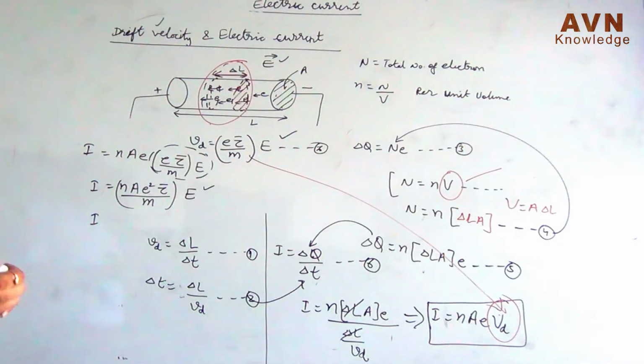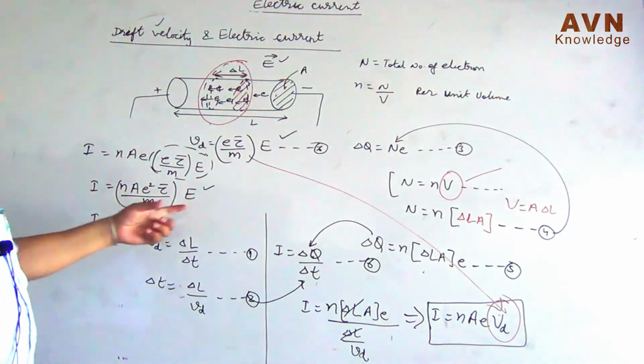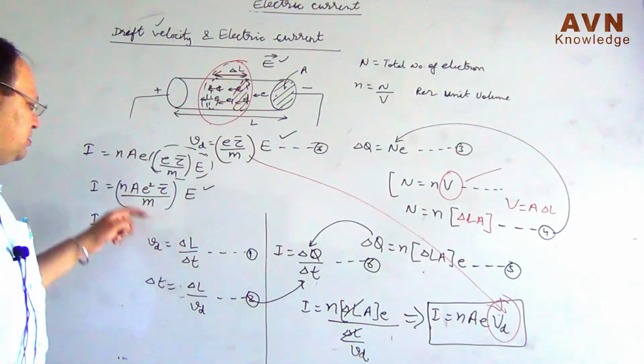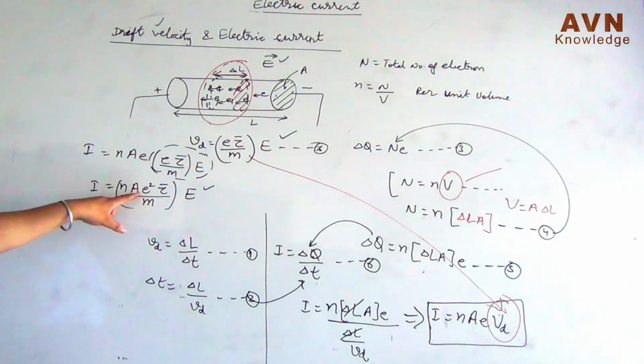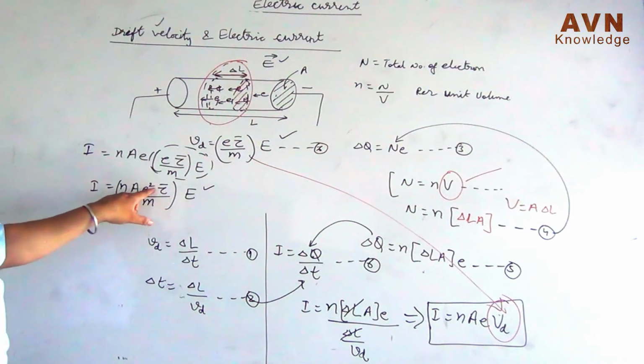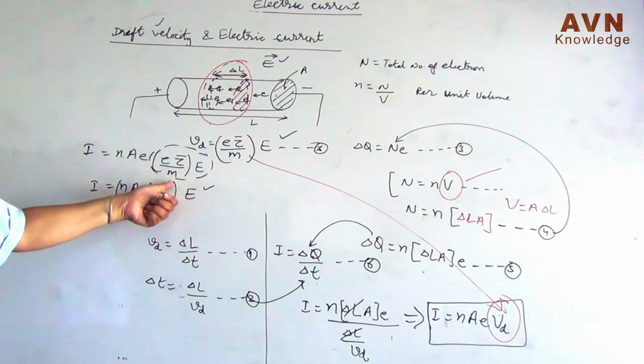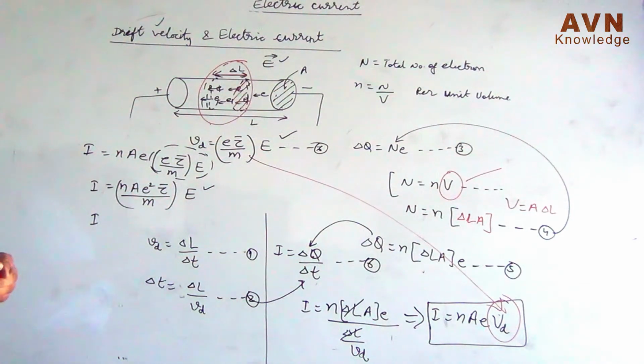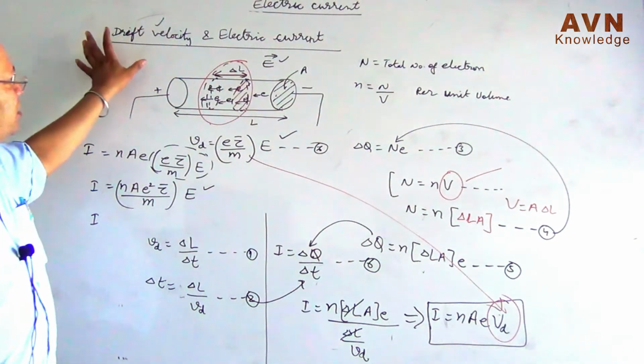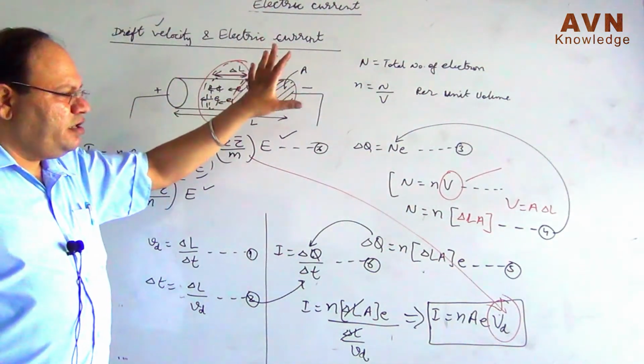When you increase the current, electric field is also increased, and small n A e square, that is the charge of electron, mass of electron, and tau bar depends on the temperature. So we can use the relation between drift velocity and electric current.